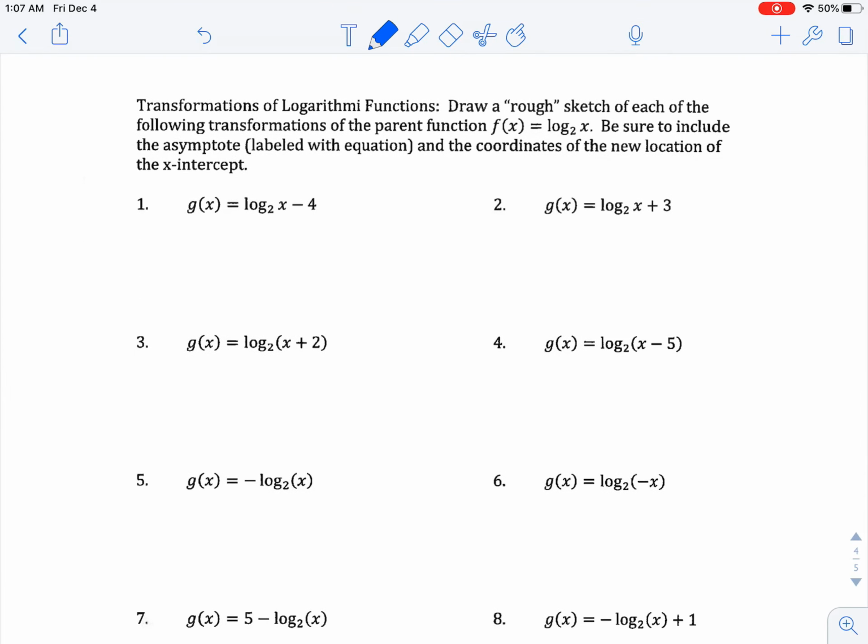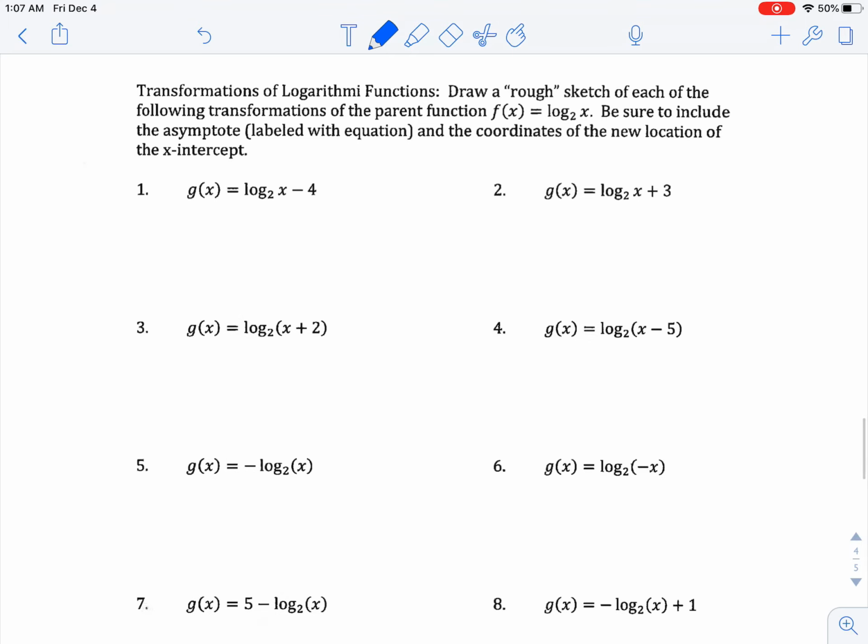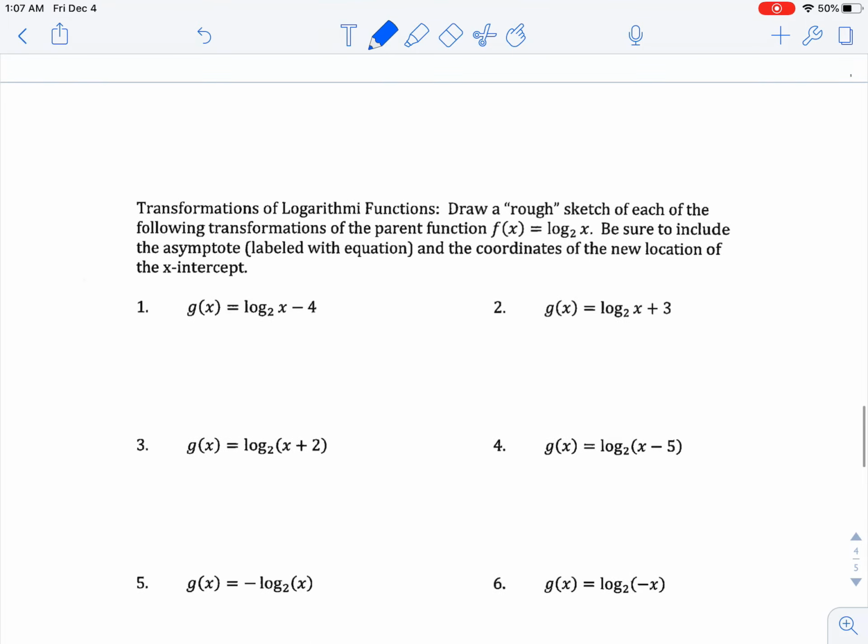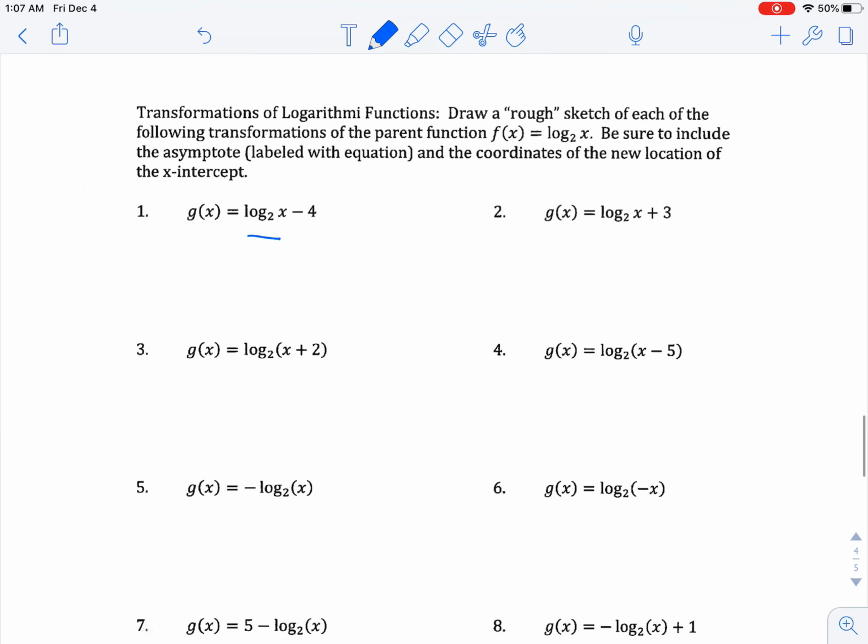All right, so this one is about just transformations of logarithmic functions. So it's just taking that parent function that we've just looked at, y is equal to log base something. And if we look at all of these, we notice that they're all log base 2.